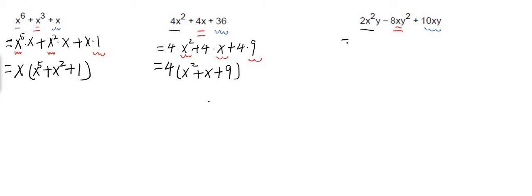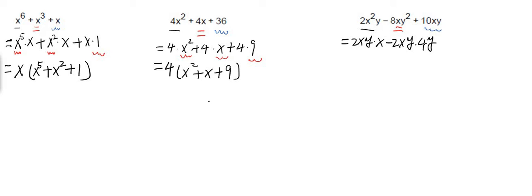So we can write down as 2xy. For the first term is x. For the second term is 2xy. 8 is 4, right? And y is 4y, because here's a y squared, so it should be a y.